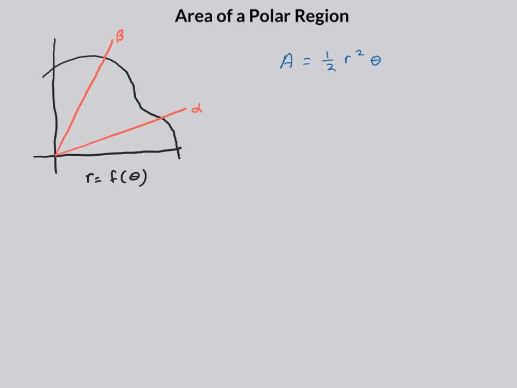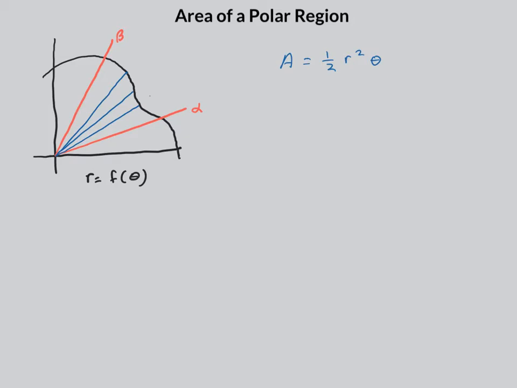So what I'm going to do is break this up into pieces. I'm just going to draw some radial segments that start from the pole and come out. We're going to hit that curve at different spots. I'll just draw a couple of them here. Then I can use sectors.